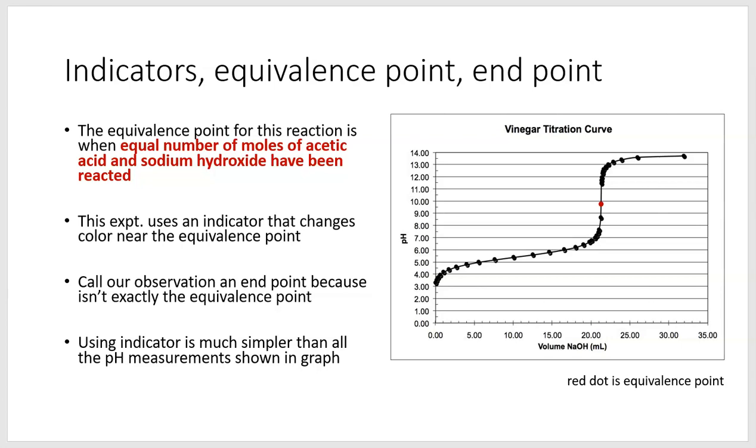The other thing we can do is use an indicator that changes color right around where that little dot is. It might change a little bit before the dot or a little bit after. We're going to use an indicator, phenolphthalein, that changes a little bit after the equivalence point. So we have to be careful. We want to stop as soon as we see a color.